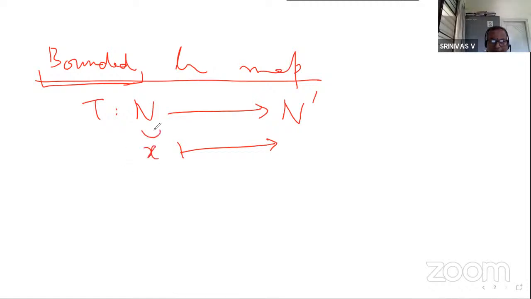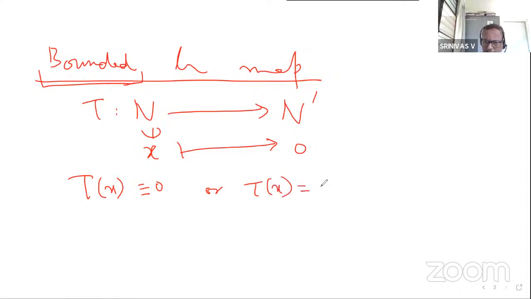Here, you take any general element X from N. This should go to the 0 in N dash. N dash is a vector space, and 0 is the additive identity in N dash. So you take every element X to 0. My mapping is T of X is identically 0, or in other words, T of X is defined as 0 for all X belonging to N.